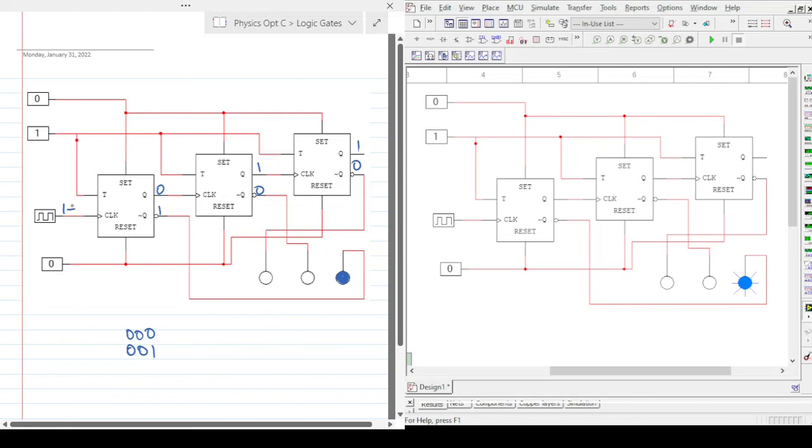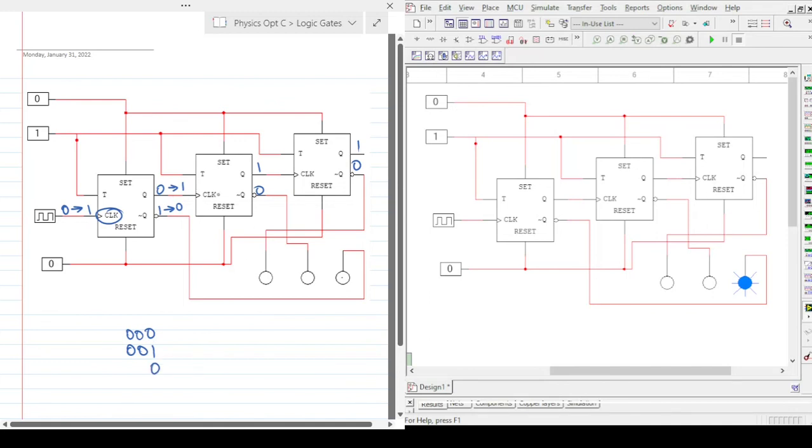That's a falling edge. But any clock will eventually go through a rising edge again. So a rising edge in the clock is going to change this to logic 1 and change this to logic 0. So what happens to this LED? This LED here turns off. So I'm going to get a 0 in that first position.